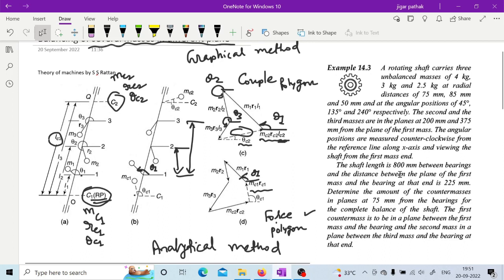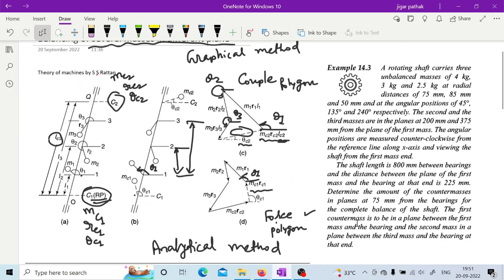Okay, then the shaft length is 800 mm between the bearings, and the distance between the plane of the first mass and the bearings at the end is 225 mm. Now determine the amount of the counter masses in planes at 75 mm from the bearings for the complete balance of the shaft.